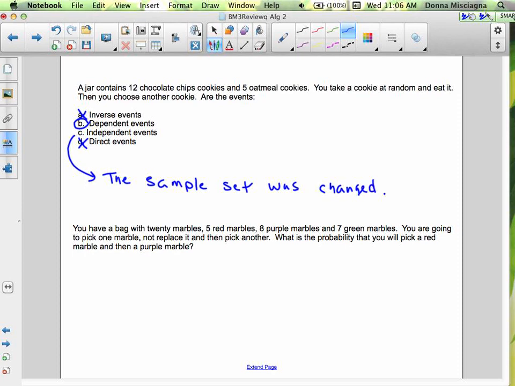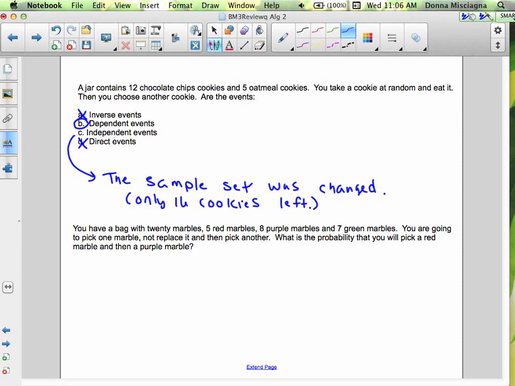So now the next probability will have changed, because we still don't have 17 total cookies. We only have 16 cookies. All right, let's take a look at the next one.